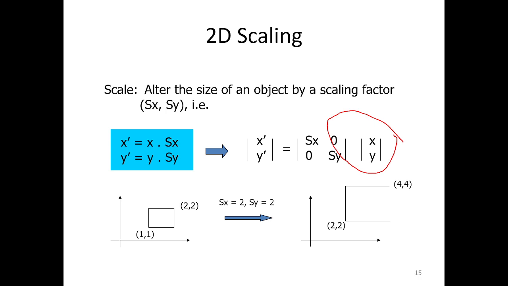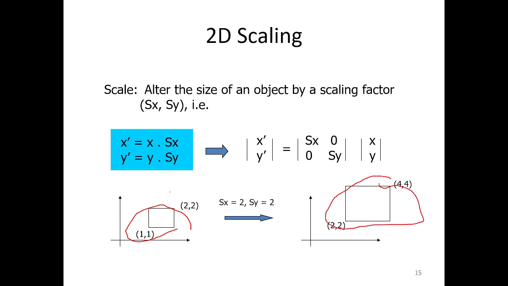For example, take values x1 y1 as 1 1 and x2 y2 as 2 2. This is an object. When we take the scale factor as 2, x1 comma y1 and x2 y2 become 4 comma 4. Now it increases the size of the particular object.